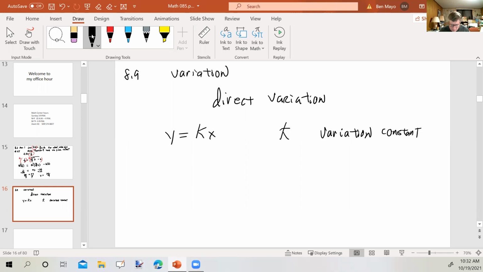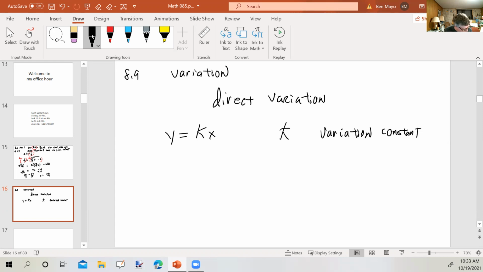It says free fall. An object in free fall travels a distance s that is directly proportional to the square of the time t. All right, and that word proportional, they throw that in there, variation, proportionality. Let's put it this way.